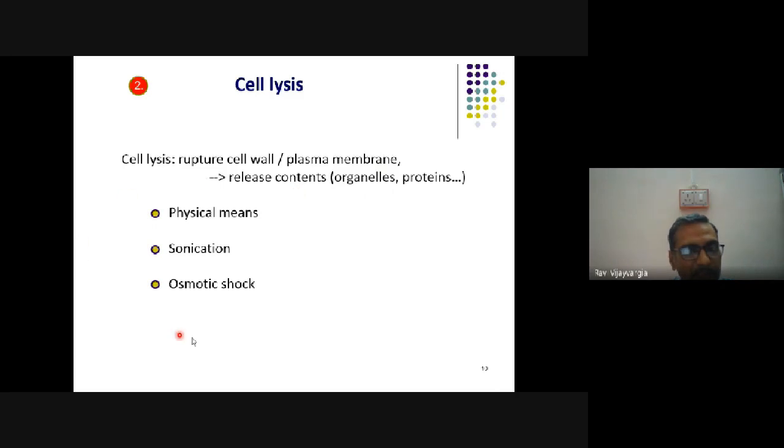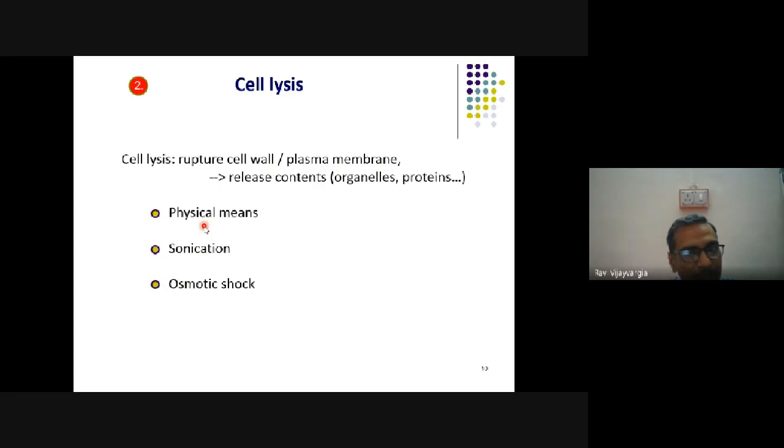This lysis can be achieved by different means: physical means, sonication, or osmotic shock. In physical means, you can use the freeze-thaw method, where you rapidly freeze your sample in liquid nitrogen and then thaw it in warm water.